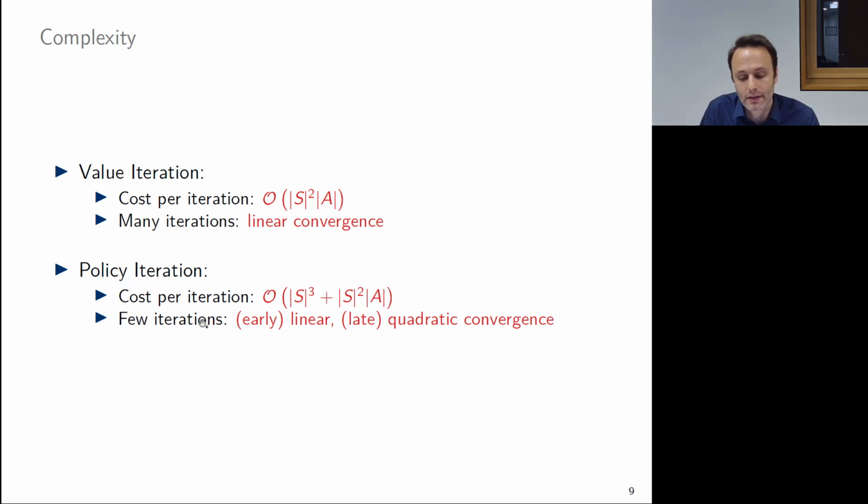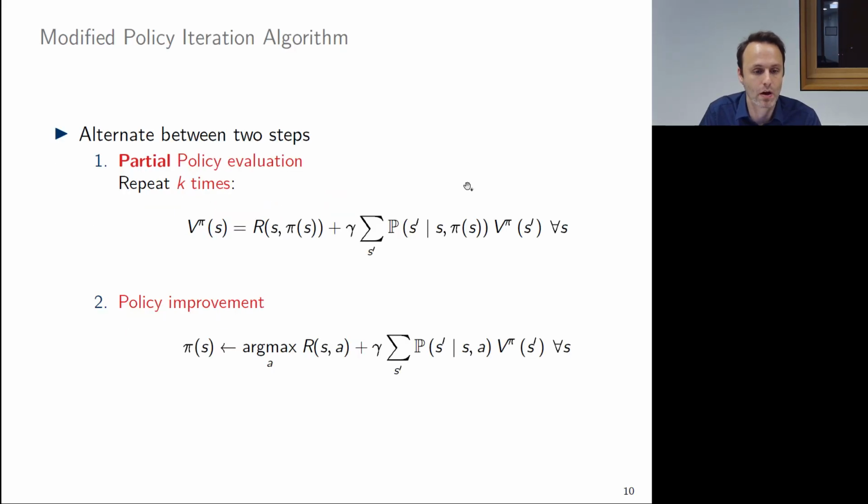So in policy iteration, we have fewer iterations, so we converge more quickly. Early on, we have a linear convergence, and later on, we have a quadratic convergence. And here, quadratic convergence is better than linear convergence. We converge more quickly.